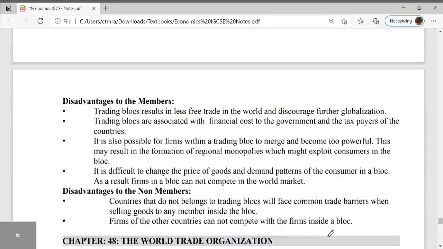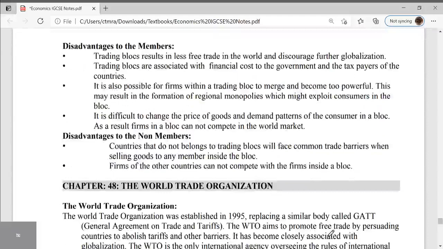So within themselves they may be enjoying free trade, but with other countries outside of the bloc there may be other good opportunities, but they will lose out on those opportunities. Then trading blocs are associated with financial cost to the government and the taxpayers of the countries. So lots of financial costs are involved. It's not free. Maintaining this bloc is expensive. It's an additional cost and it might be a burden to the taxpayers.